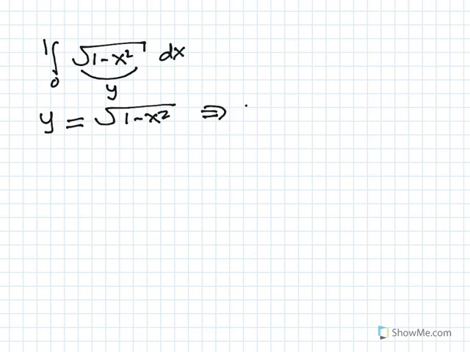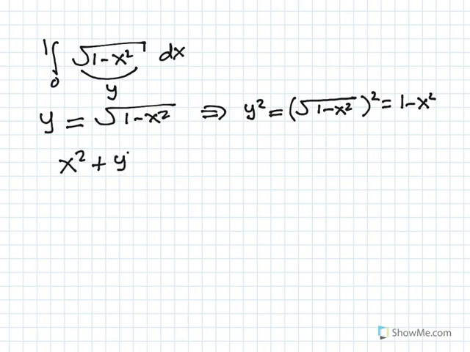Square both sides. We get y squared is equal to root of 1 minus x squared all squared, that's equal to 1 minus x squared. Now bring the minus x squared to the left-hand side, and we get x squared plus y squared is equal to 1. This is the equation of a circle with radius 1 and center at the origin.